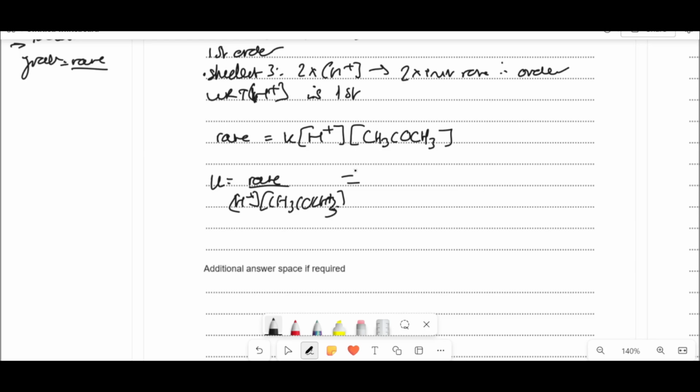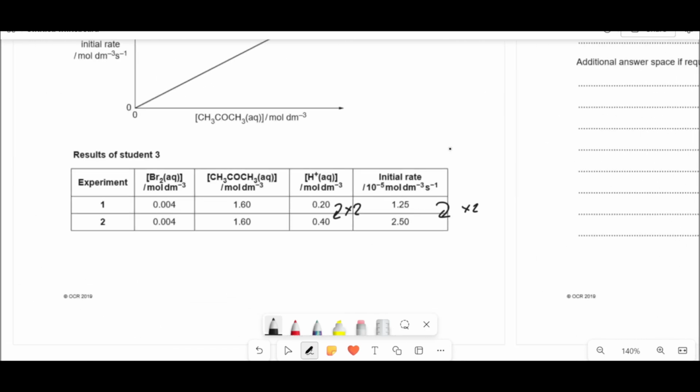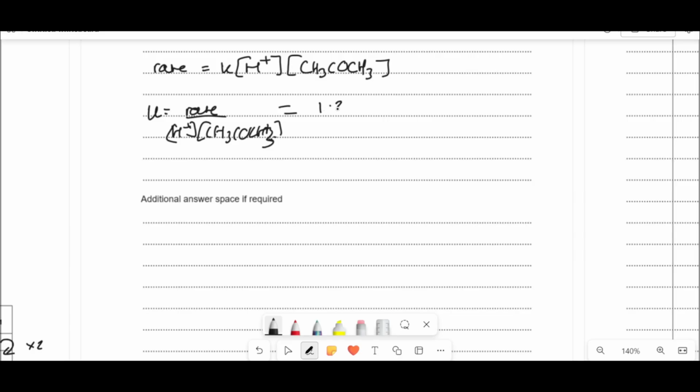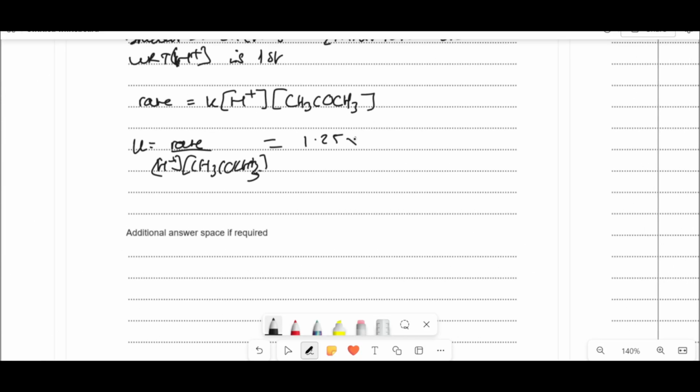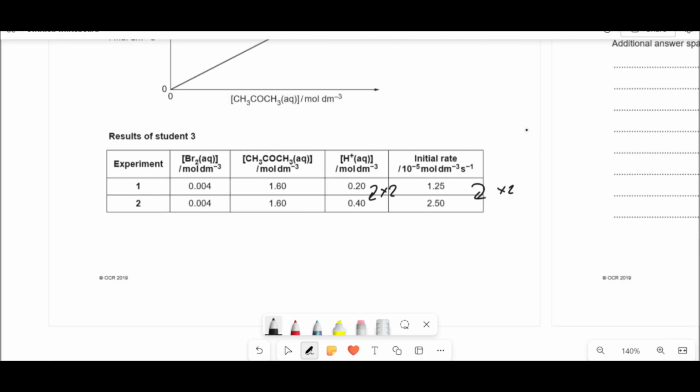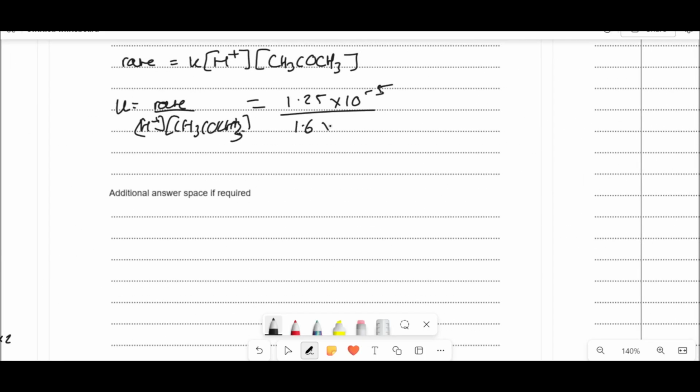If I do that with the numbers, if I just pick equation 1, it's going to be 1.25 times 10 to the minus 5. Don't get caught on that one. Over 1.6 times 0.2, which is going to equal roughly 3.906 times 10 to the minus 5, roughly 3.91 times 10 to the minus 5.